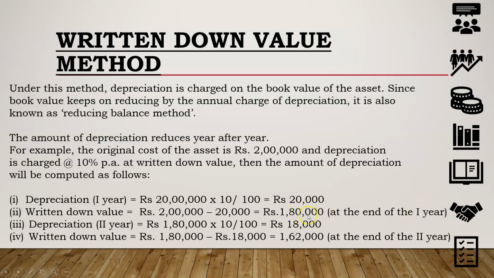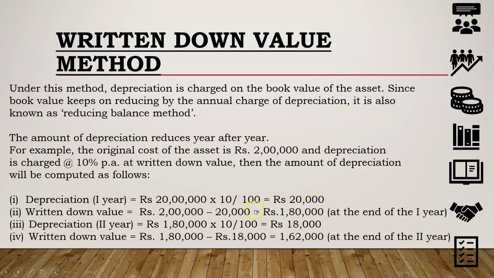So now 1,80,000 will be the book value for computing the depreciation for the next year. So your depreciation in the second year will be computed on 1,80,000, that was the book value, multiplied by 10%, that comes to be 18,000, and then the written down value will be 1,80,000 minus 18,000, which is 1,62,000 at the end of the second year, and the trail goes on.